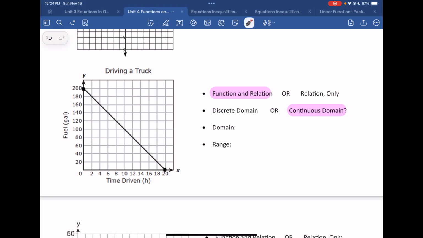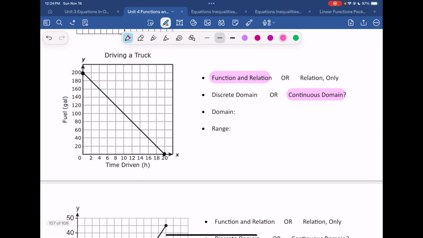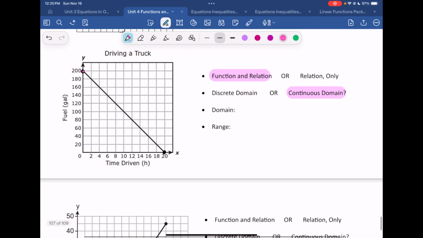So for the domain, remember, it's all the x values. So what you want to do is you want to go to the leftmost point on the graph. Well, that would be right here. That's the leftmost point. Trace down to the x-axis. Okay, so that's 0.